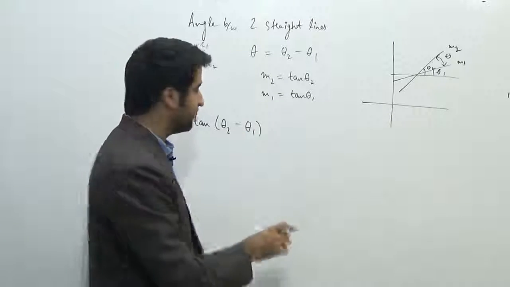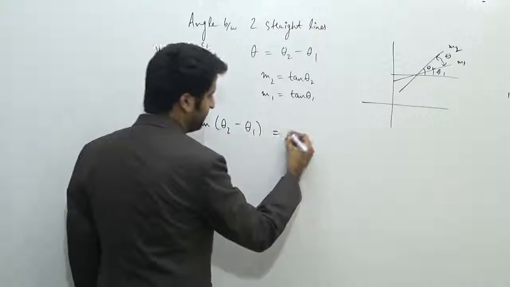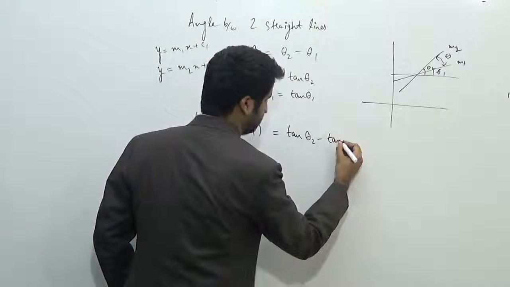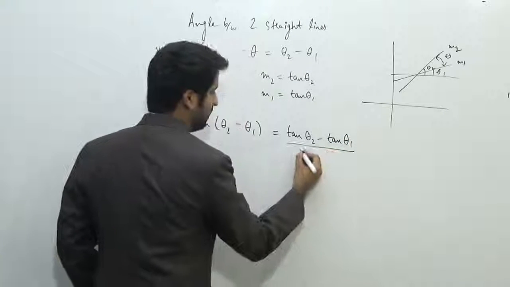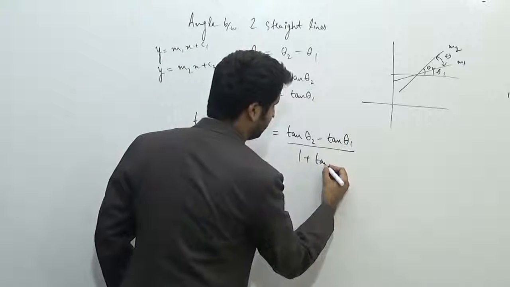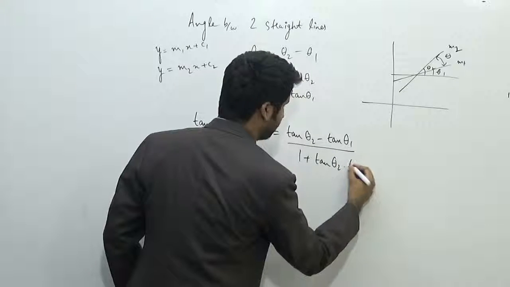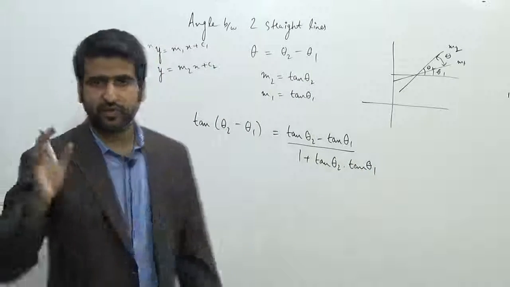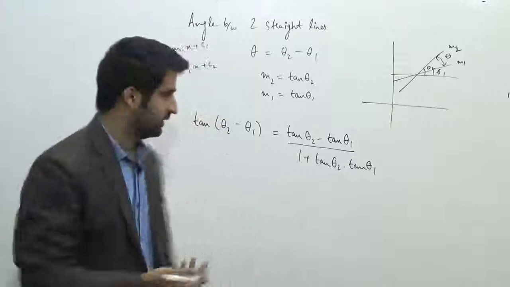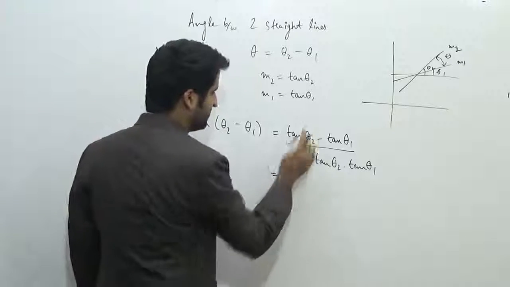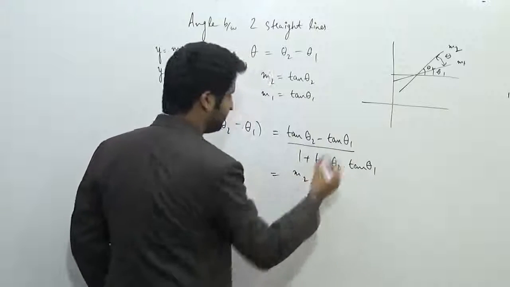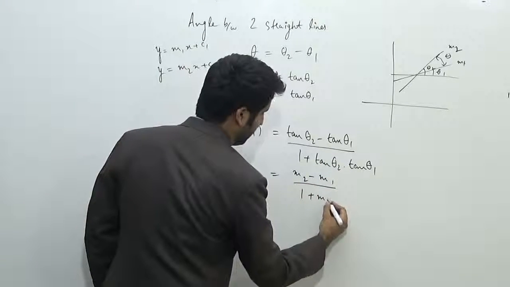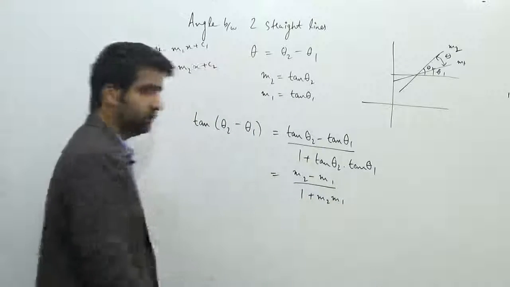As we remember from trigonometry, tan(theta 2 minus theta 1) is equal to (tan theta 2 minus tan theta 1) upon (1 plus tan theta 2 times tan theta 1). This is the formula tan(A minus B) = (tan A minus tan B) upon (1 plus tan A tan B). So this value is m2 and this value is m1, upon 1 plus m2 into m1.